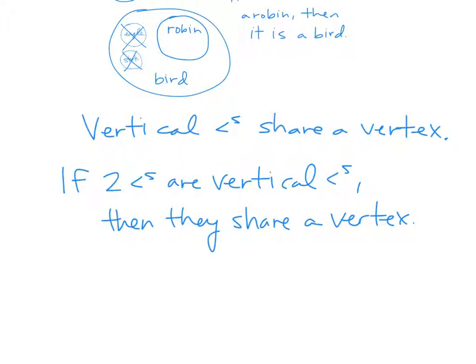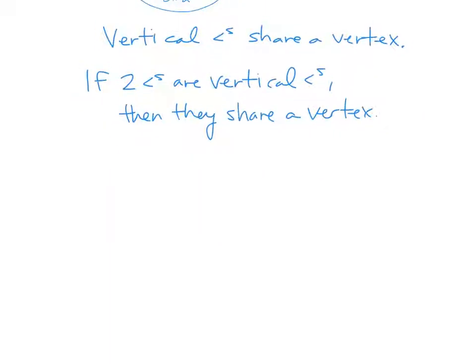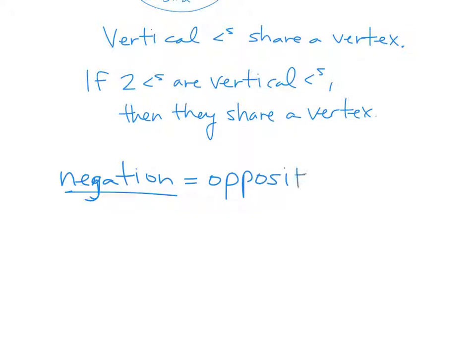Okay? Okay, then there is going to be talk of a negation. And maybe you know what a negation is, maybe you don't, but you can kind of see it in the word negate, negative. A negation is just the opposite of whatever statement is already being made.